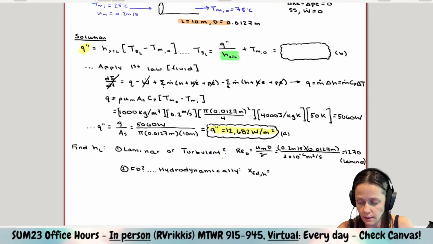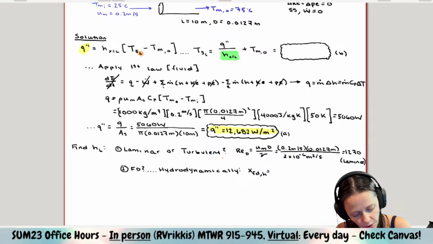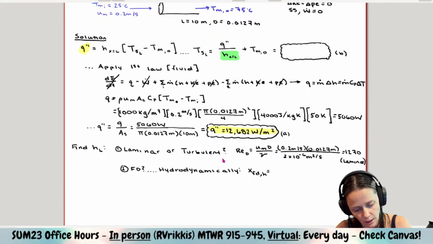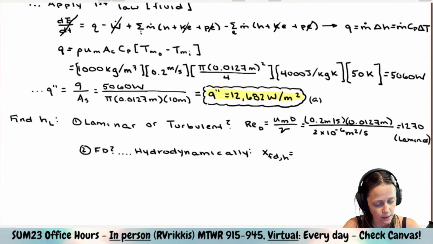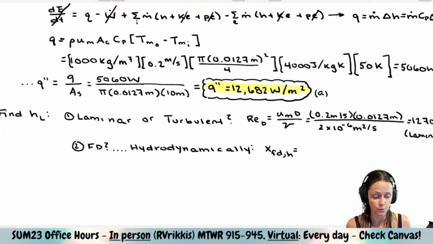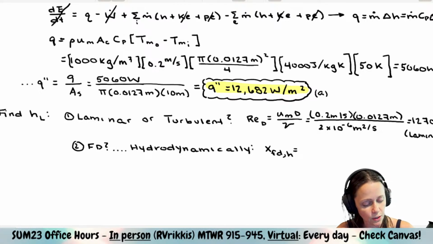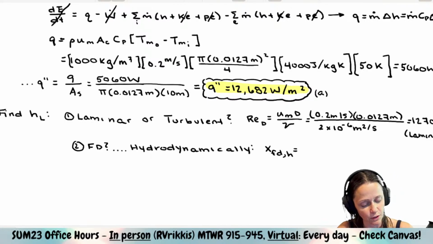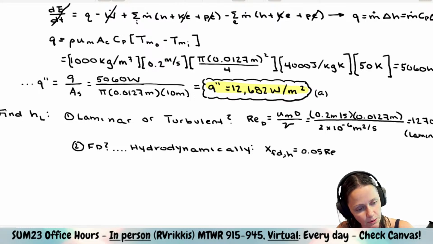Because that length is where we're evaluating that h value. All right, so for laminar flow, that transition to fully developed hydrodynamically flow occurs at 0.05 times our Reynolds number times our diameter.